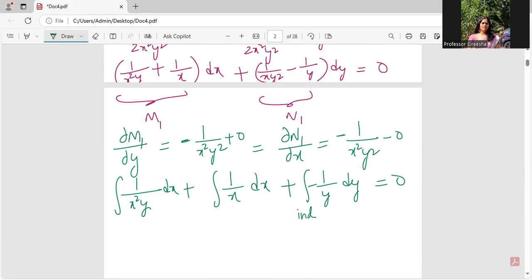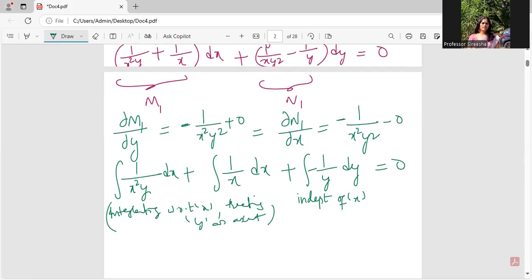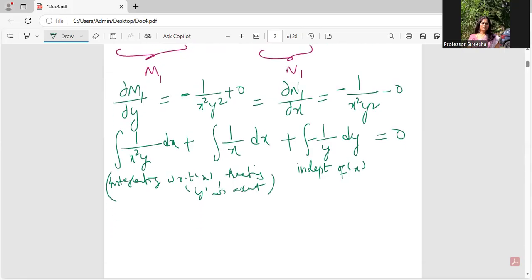Here I should be taking the terms independent of x. Integrating with respect to x, treating y as a constant. So, integrate and then get the answer.